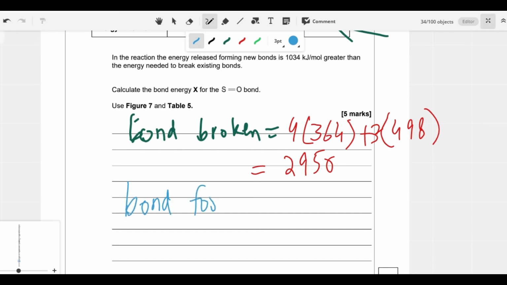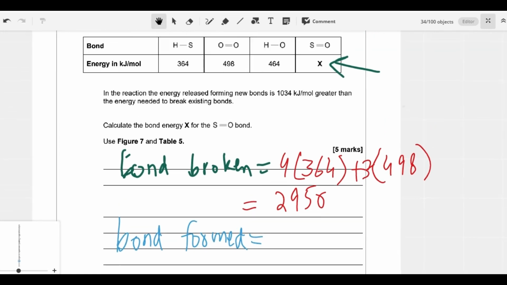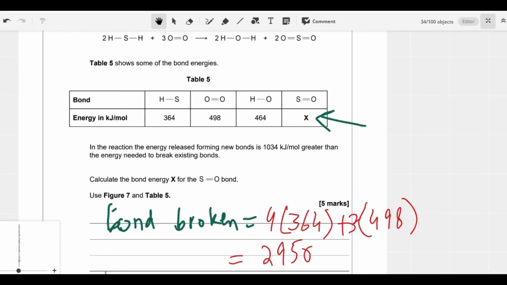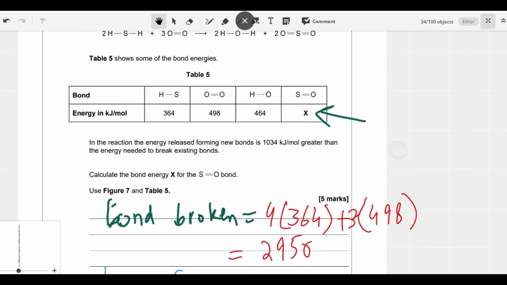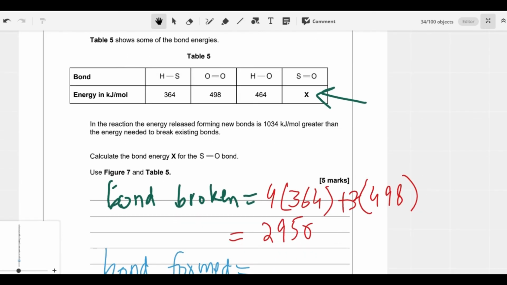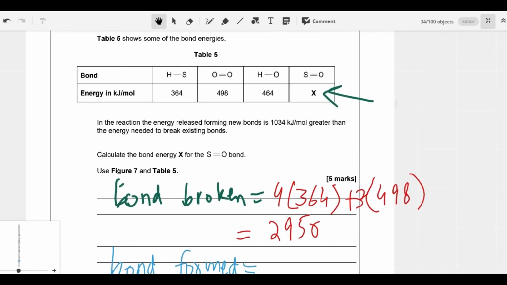Now next you need to find the bond energy formed. So here that will equal the bond broken plus the total energy that is given.